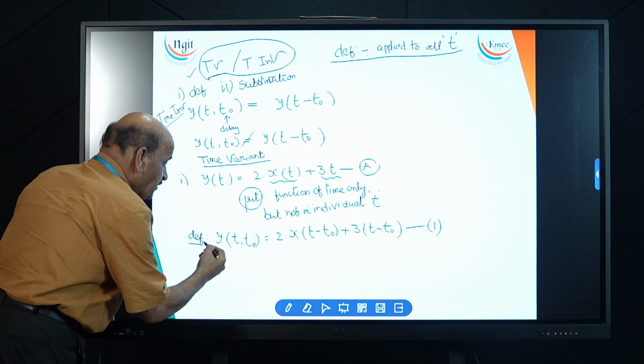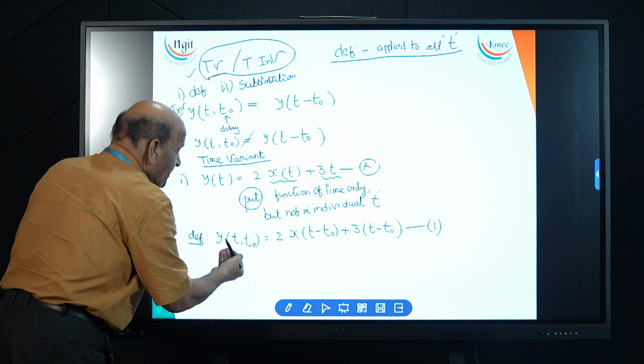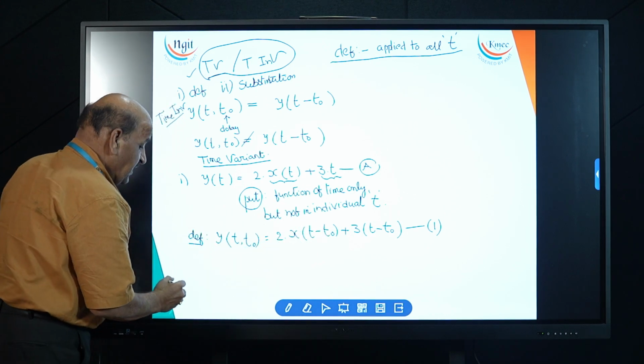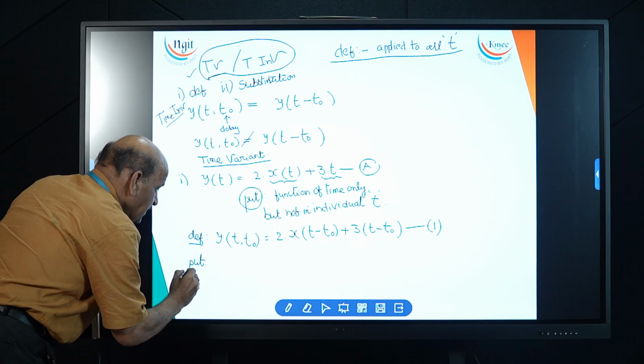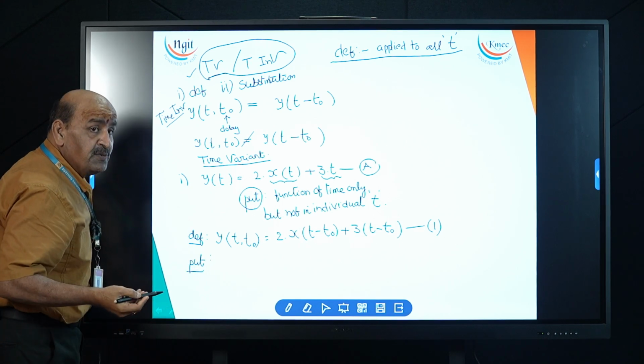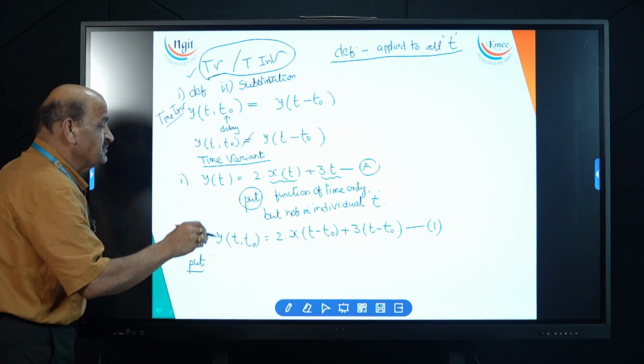Now this is according to the definition. In the given equation, wherever there is t, you are replacing it with t minus t naught. Now we go for substitution. Wherever there is a function of t, there only we have to substitute.